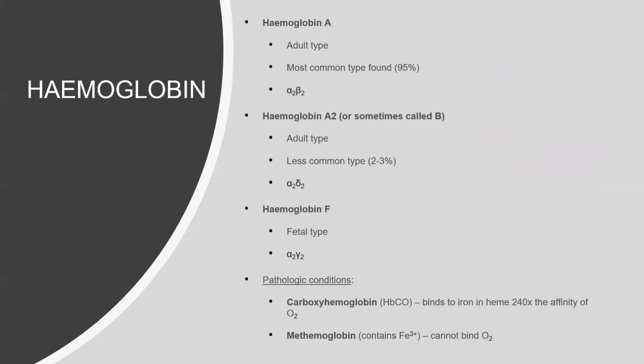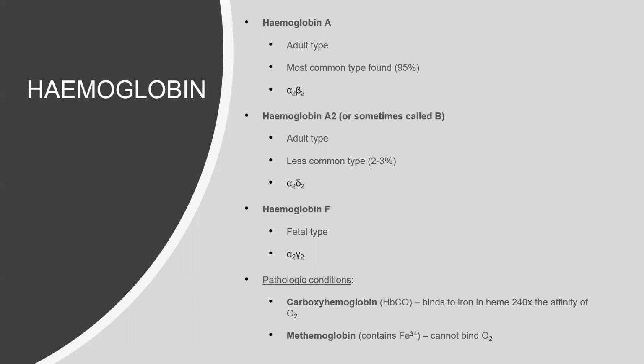There are three major types of hemoglobin found in the human body. Actually, there are more, but we're going to talk about the hemoglobin found after birth, all right? First, the adult type.